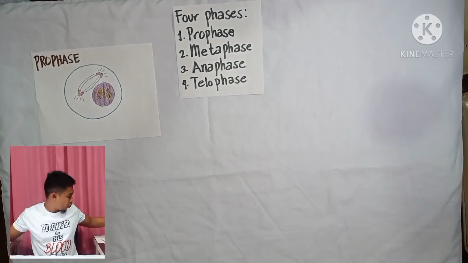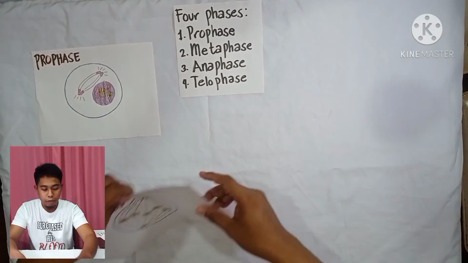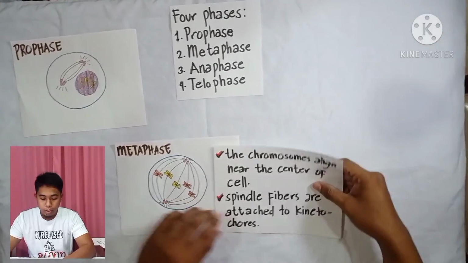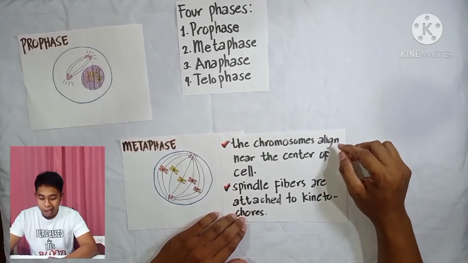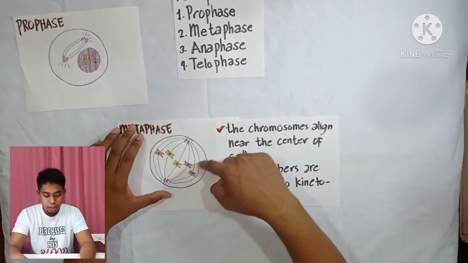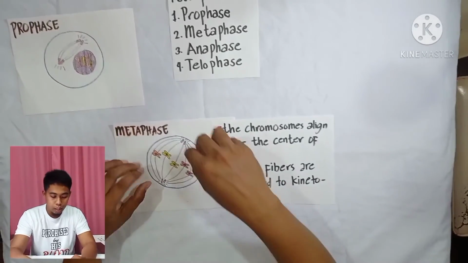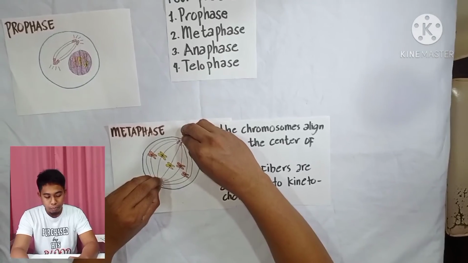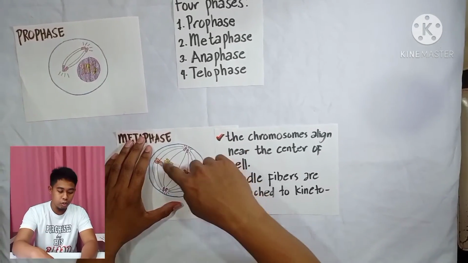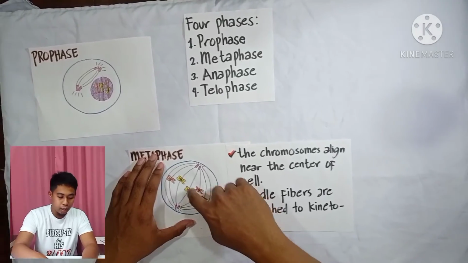After prophase, we have metaphase. What happens during metaphase? During metaphase, the chromosomes align near the center of the cell. The nucleus is gone, the centrioles reach the opposite poles of the cell, and the chromosomes start to align in the center.